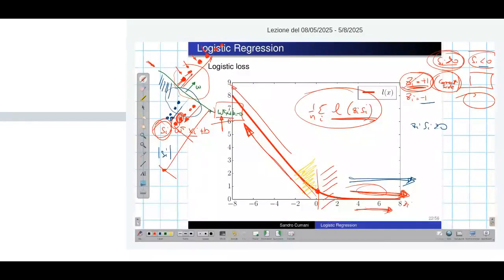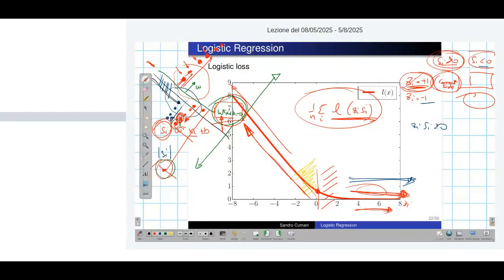Why is this important? Because a point like this is more misclassified. In which sense? In the sense that if I use this rule, it's true that in both cases I will make a mistake. But remember that my rule may change if I change the value of the cost of errors. So if I have a point that lies here, it will be misclassified with this rule. But if I want to reduce the number of errors from the red class, it's easy to avoid misclassifying that point.